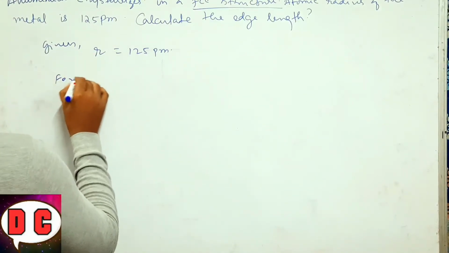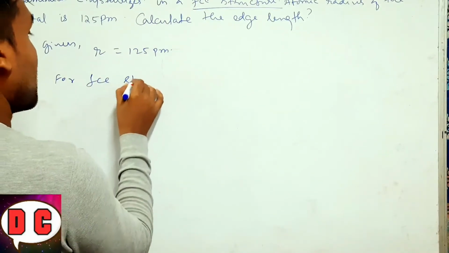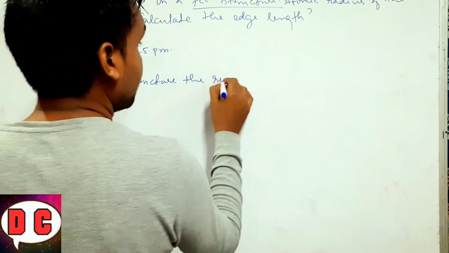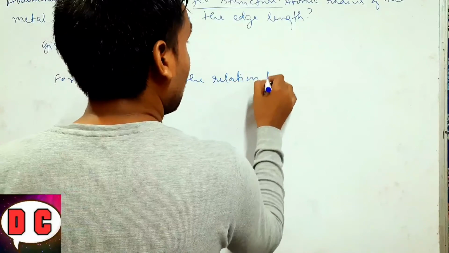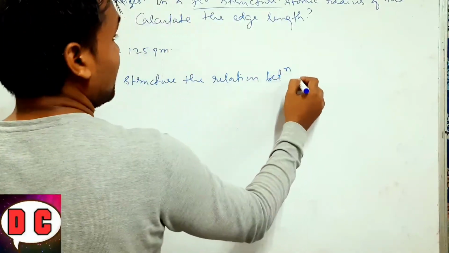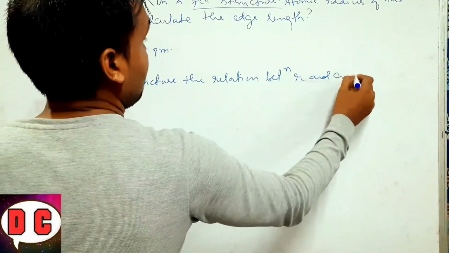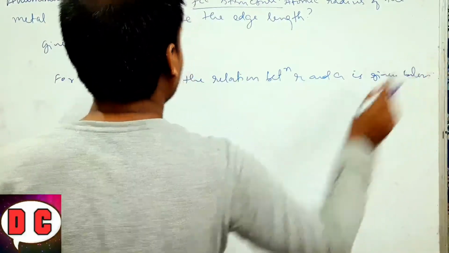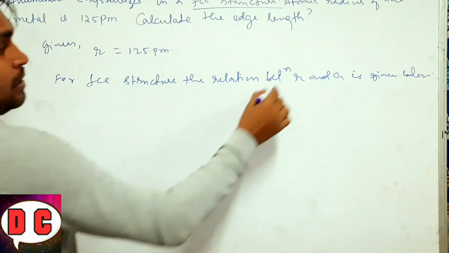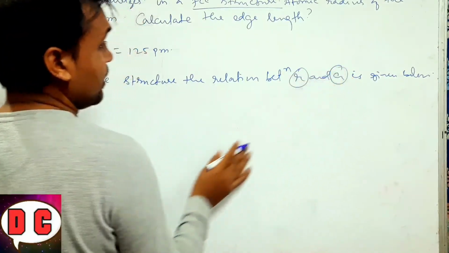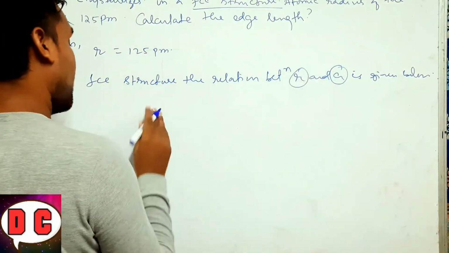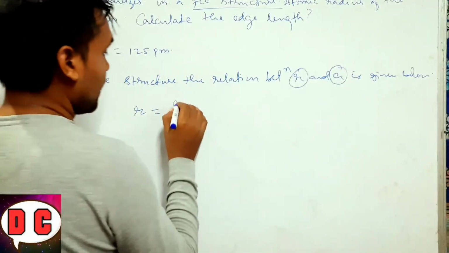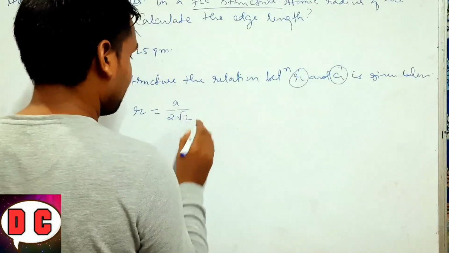So for the FCC structure, the relation between R and A is given below. We have already written it: for FCC it is R equals A by 2 root 2.